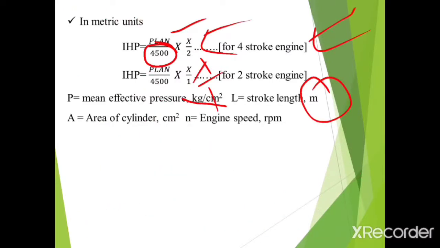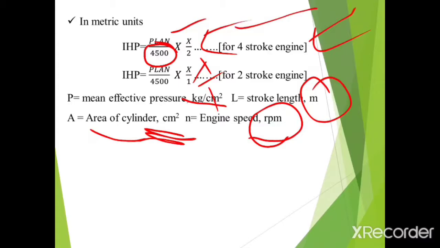Then area of cylinder is in centimeter square, and engine speed is in RPM. Generally this formula is highly used and it's easy to use. Just remember the units of these different entities, like pressure is measured in kg per centimeter square, and L is measured in meter, etc.